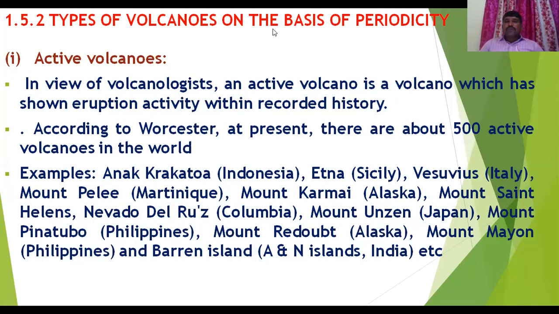In view of volcanologists, an active volcano is a volcano which has shown eruption activity within recorded history. Some of the active volcanoes are continually in eruption, while in other cases the eruptions are intermittent.